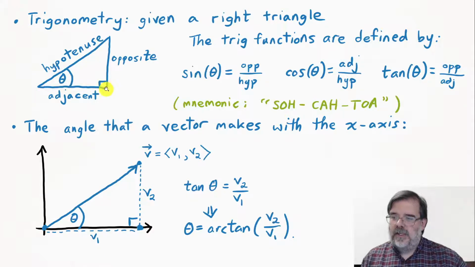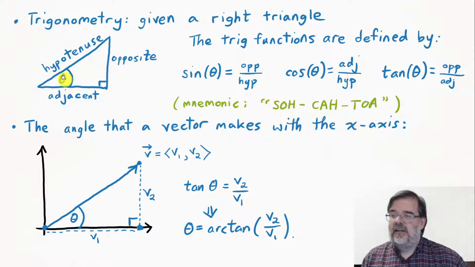The other two sides of the triangle: the side which is next to theta is called the adjacent side. And the remaining side is opposite from the angle theta. We call that the opposite side. You define the trig functions as ratios of the sides of a triangle.